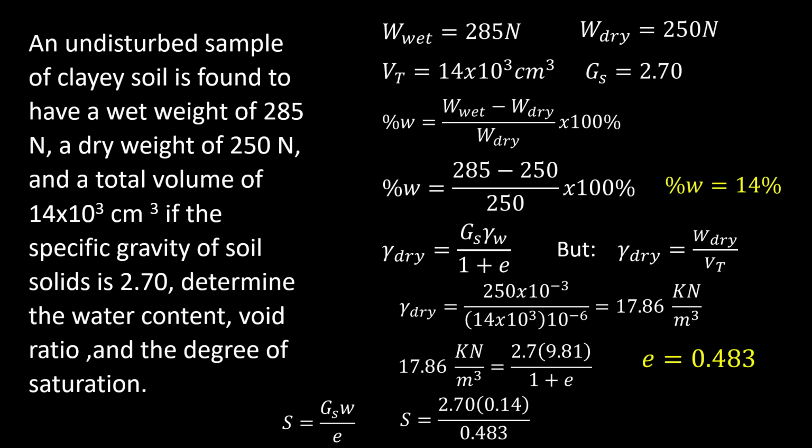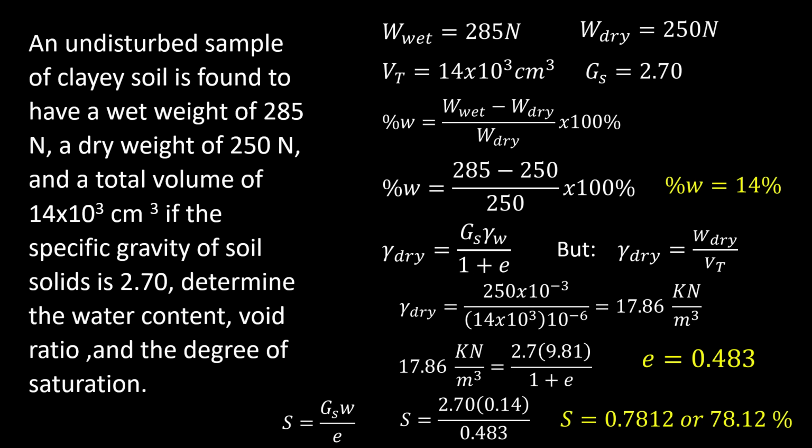In computing for the value of the degree of saturation, we have now S equals 2.70 times 0.14 all over 0.483. Now, our final answer to the unknown degree of saturation is equal to 0.7812 or 78.12%.